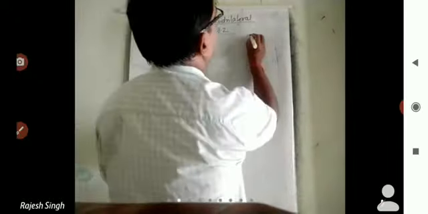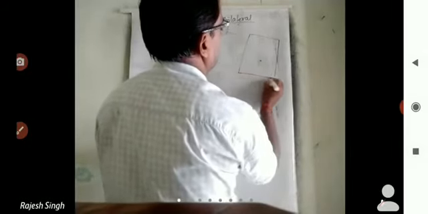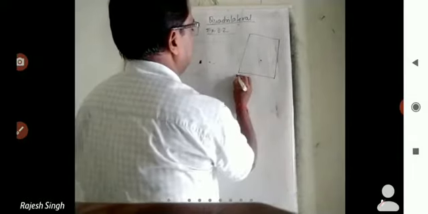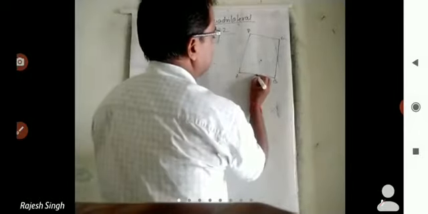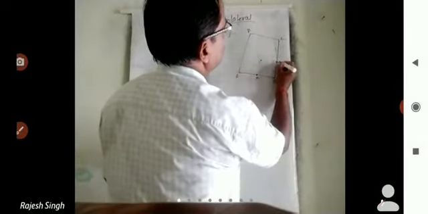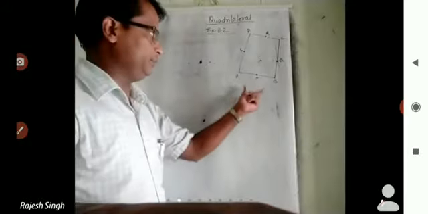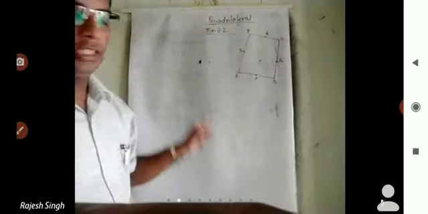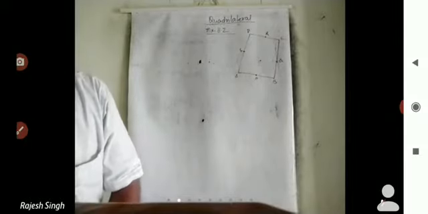ABCD is a quadrilateral in which P, Q, R, and S are midpoints of sides AB, BC, CD, and AD.